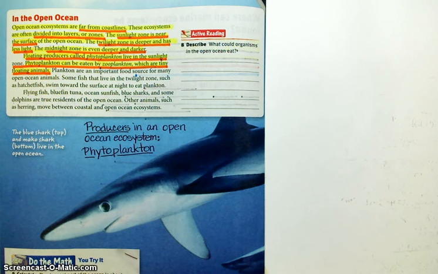there are things called plankton, and there's basically two types of plankton. There's phytoplankton, which is plant-like, and then there's zooplankton, which is teeny tiny little animals. It's really important that you understand that phytoplankton, the plant-like plankton, are your producers in the open ocean ecosystem.